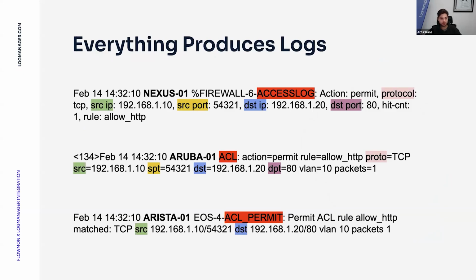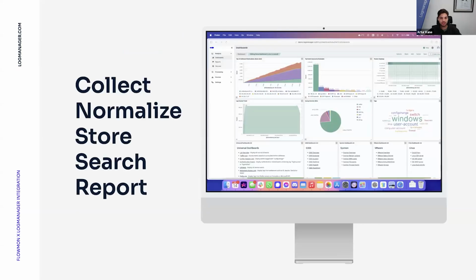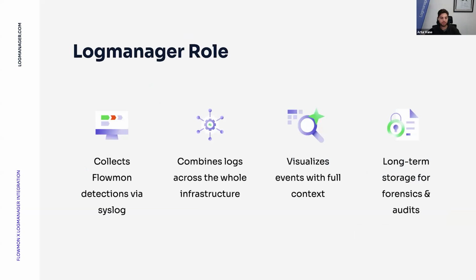And we do this exactly for Flowmon, and it's been tested. And in our live demo, we will show you how it actually works. With that information from Flowmon, we collect it, normalize it, store it, and show you how to search and report on it again in our live demo today.